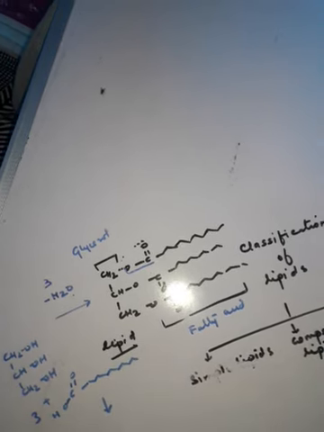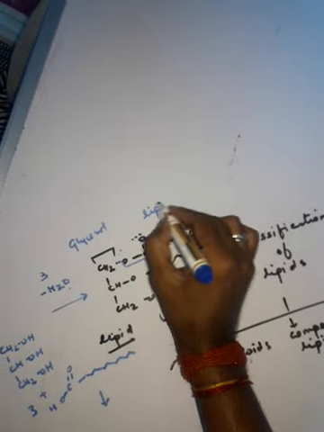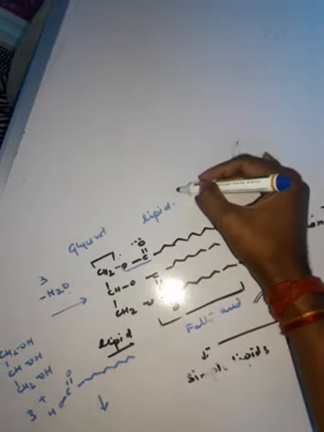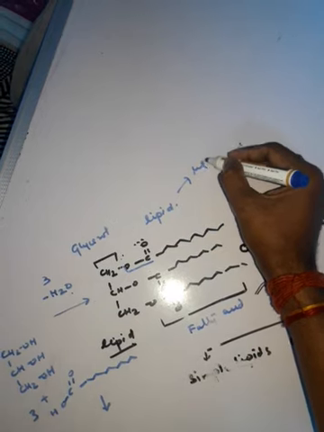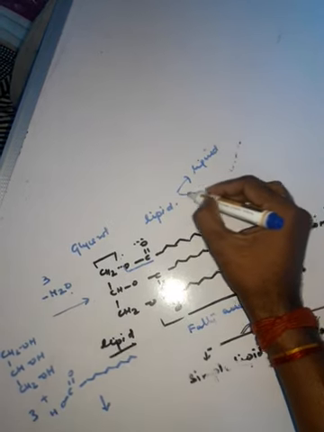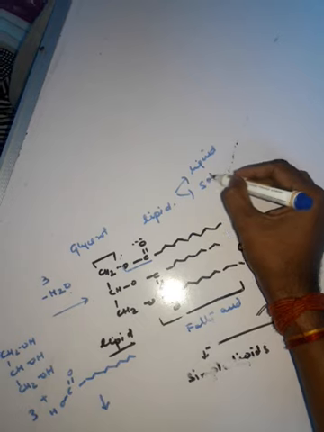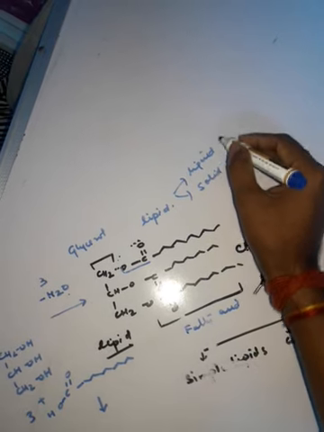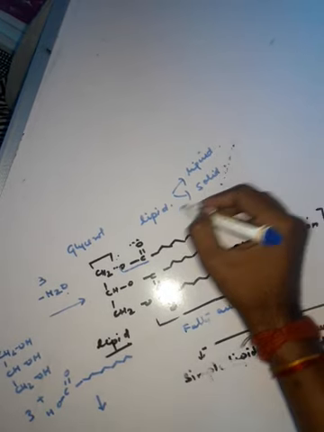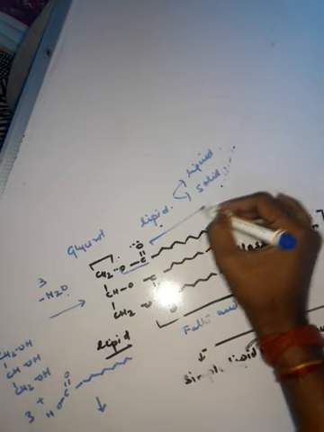So here, this is the lipid. Lipid is either liquid or solid. The liquid or solid nature of lipid is based on this moiety.